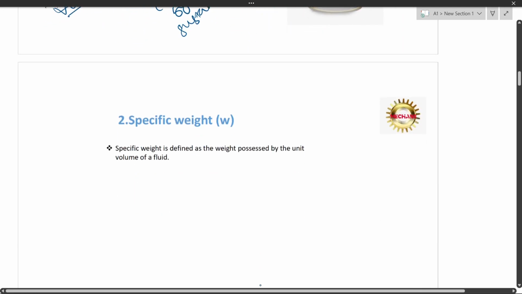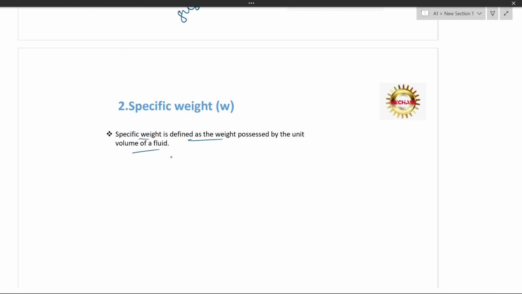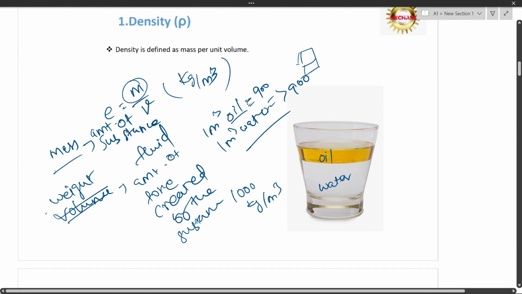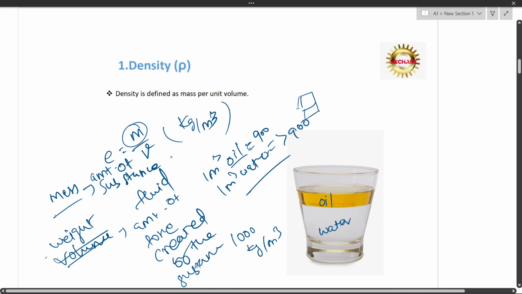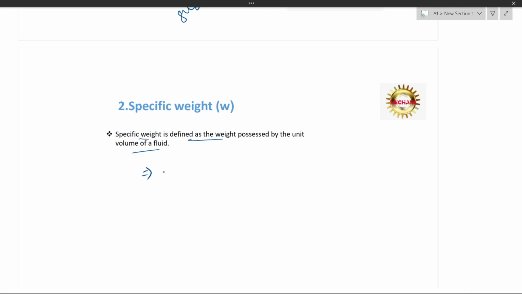If you see specific weight, it's the weight possessed by a unit volume of the fluid. Here, it is the mass possessed by unit volume. Here, it is the weight possessed by unit volume. So weight means you have to add gravity to it.